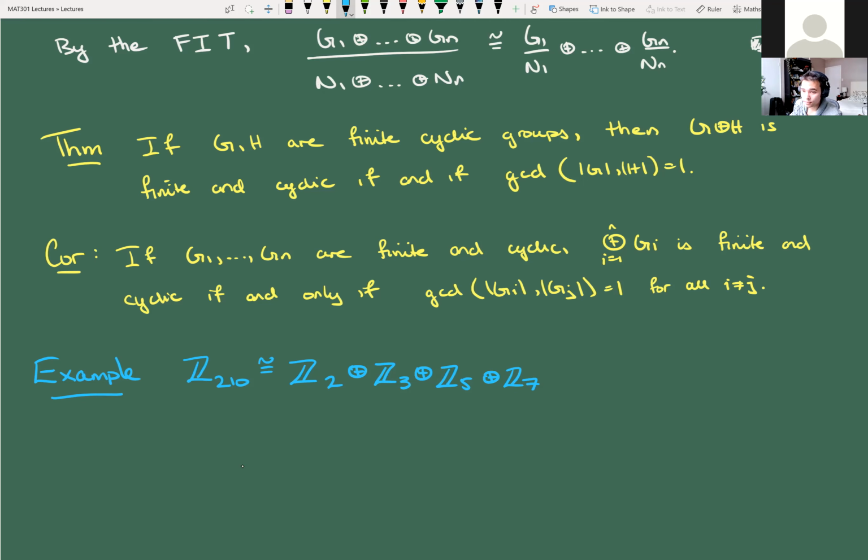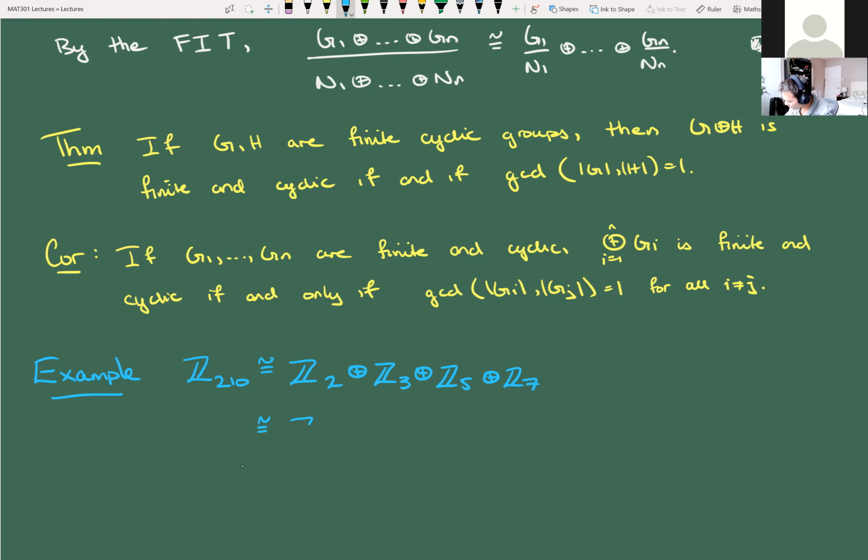So this is true by the previous corollary. I've taken the direct product of Z2, Z3, Z5, Z7. Those numbers are all prime, so they're definitely pairwise coprime, and that means that their product group is cyclic and has to be the cyclic group of order 210, because the order of the thing on the right-hand side is 210 and is cyclic, so it has to be Z210.